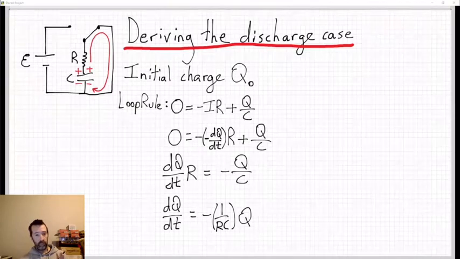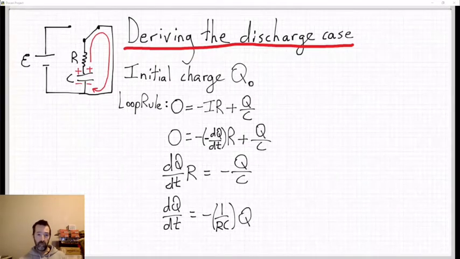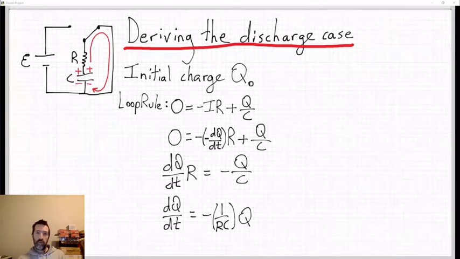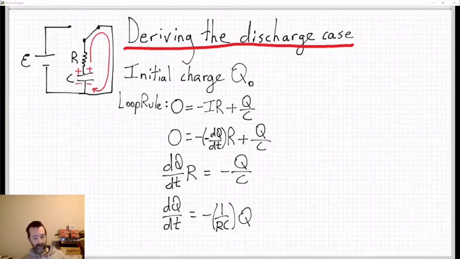But what the equation says is that the derivative is the original function times a constant. And that constant is negative 1 over rc. So the function, which you can take a derivative of it and you get the original function back times the constant, is e to the x.